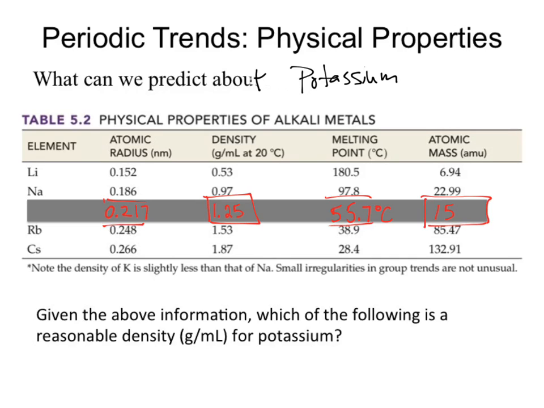What happened with our atomic mass? I have no idea. So what we need to do is think carefully about the numbers we choose. It doesn't matter what number you pick, but reason through it. If we said 15, what's happening to the atomic mass as we go from lithium to sodium? It's getting bigger. What's happening as we go from rubidium to cesium? It's getting bigger.